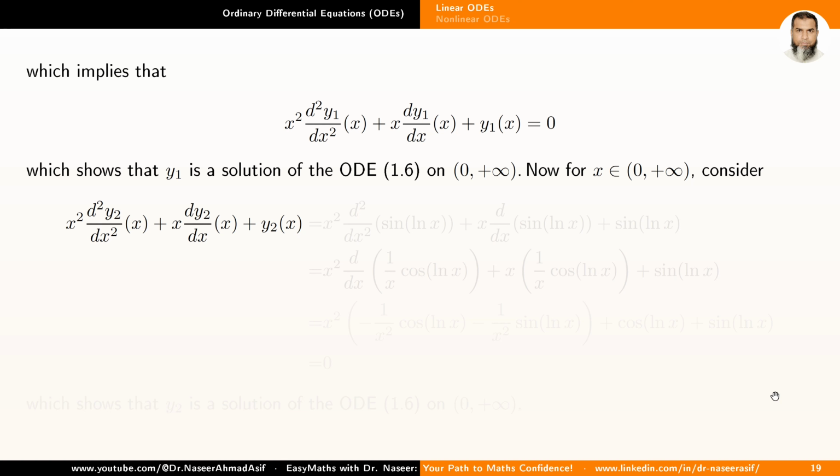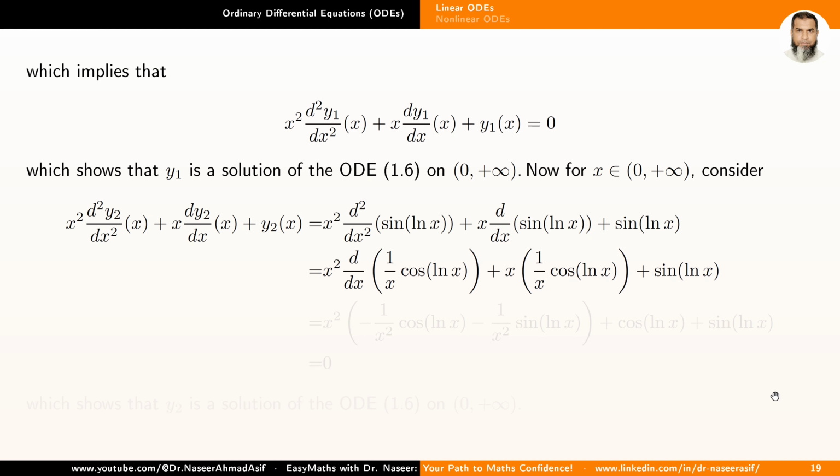Now for x belonging to the open interval 0 to plus infinity, consider x squared d2y2/dx squared of x plus x dy2/dx of x plus y2 of x, which is equal to x squared d2/dx squared of sine of log x plus x d/dx of sine of log x plus sine of log x, which is equal to x squared d/dx of 1 over x cosine of log x plus x into 1 over x cosine of log x plus sine of log x, which is equal to x squared into minus 1 over x squared cosine of log x minus 1 over x squared sine of log x plus cosine of log x plus sine of log x, which is equal to 0.